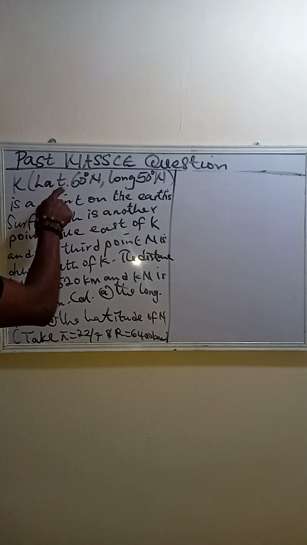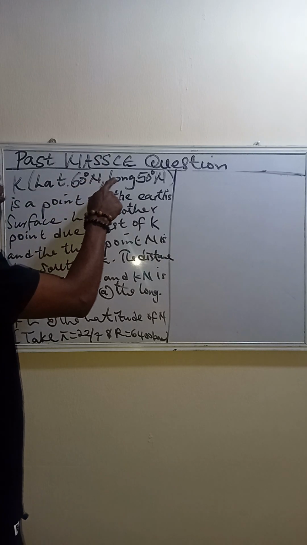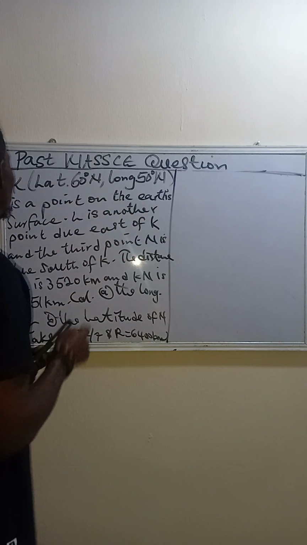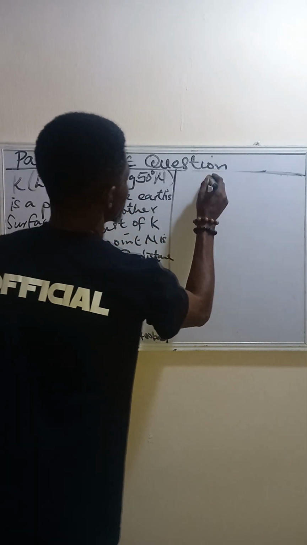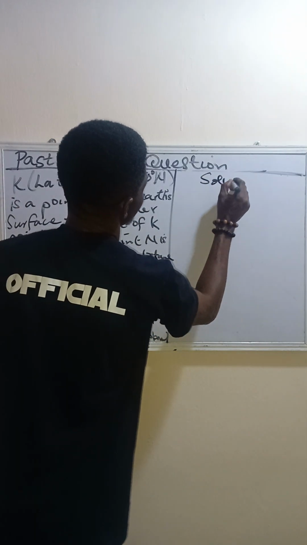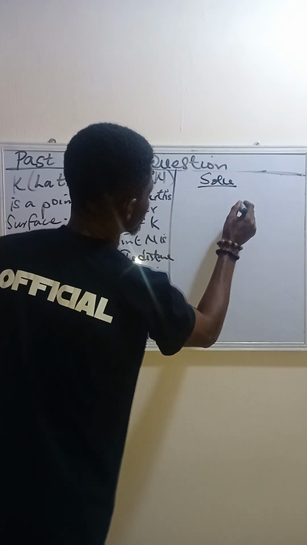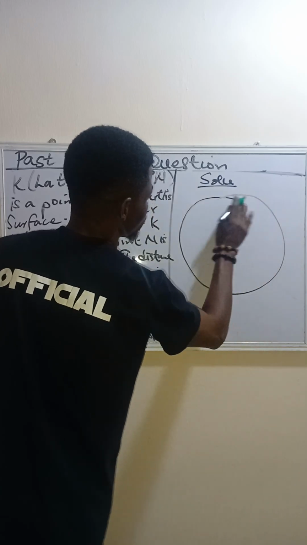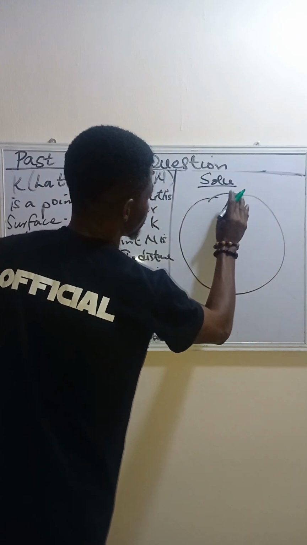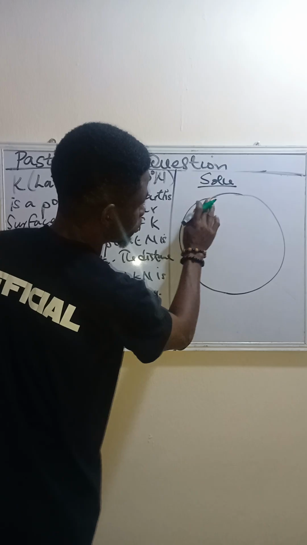K, latitude 60° north, longitude 50° west, is a point on the Earth's surface. So just draw your sphere as usual.